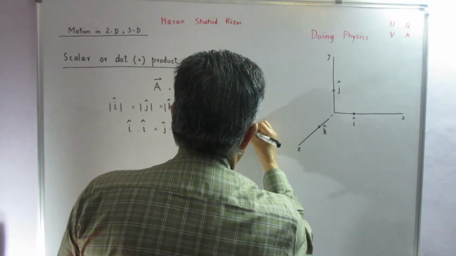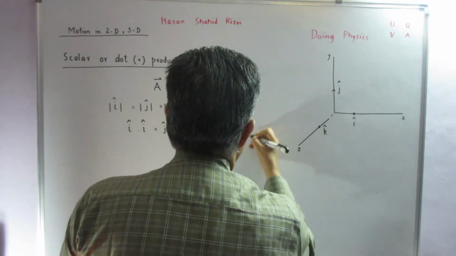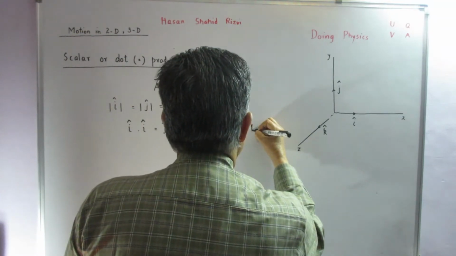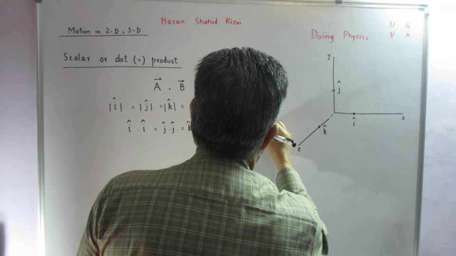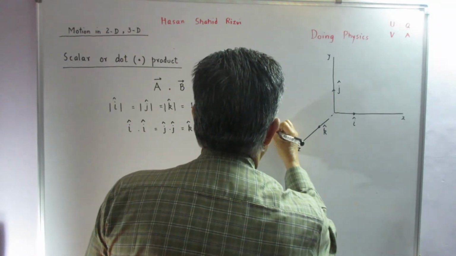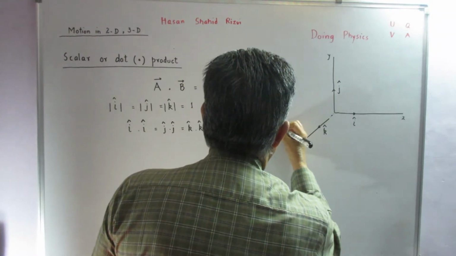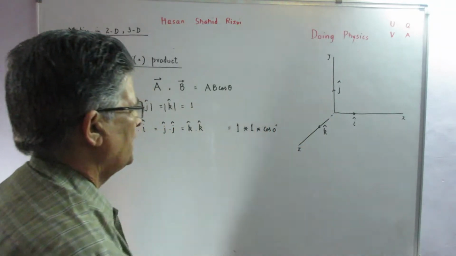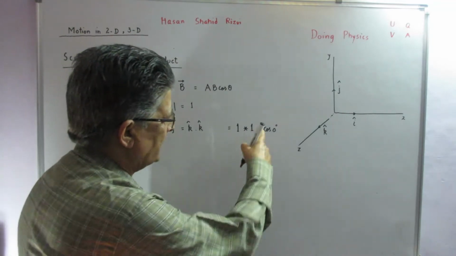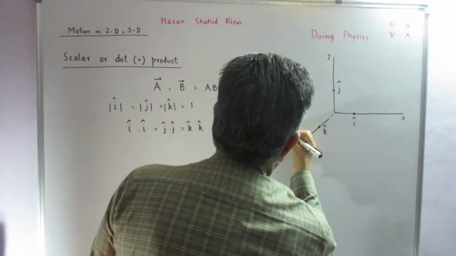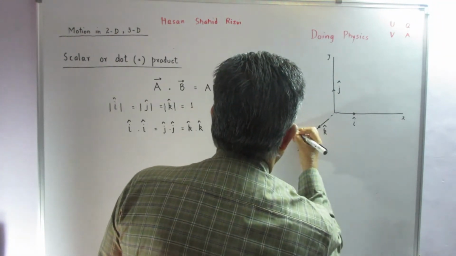And this asterisk is the multiplication sign I am putting here, taking the liberty: 1 into 1 into cos of 0 degrees or 0 radians, which all of us know is equal to 1. So ultimately this turns out to be equal to 1.